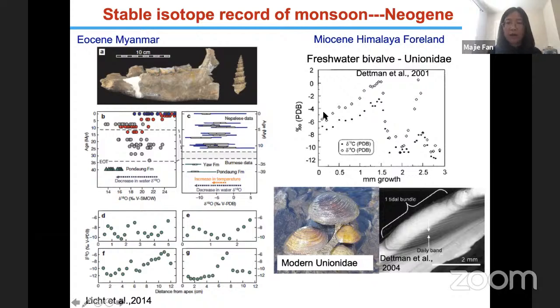Here we also see that the delta O18 value has pretty large seasonal cycles, in some cases up to even 10 per mil. These types of animals can track the seasonal change in precipitation basically because they grow a bit every day. In some cases, the daily growth band can even be seen from a cross section of the unionid.